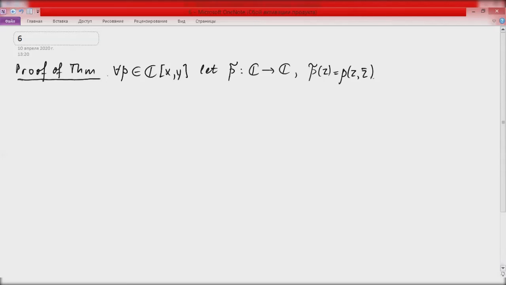And let's observe that the map from the set of normal elements to itself which takes each normal element A to P tilde of A is continuous. This is more or less clear because this is a finite sum of monomials in A and in A star, and each monomial is a continuous function, and the sum of finitely many continuous functions is continuous.